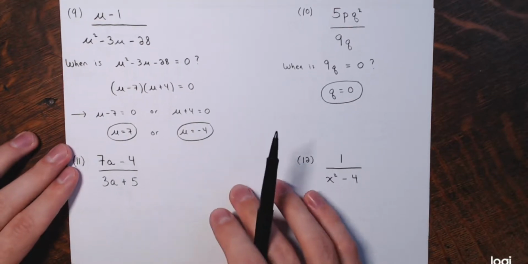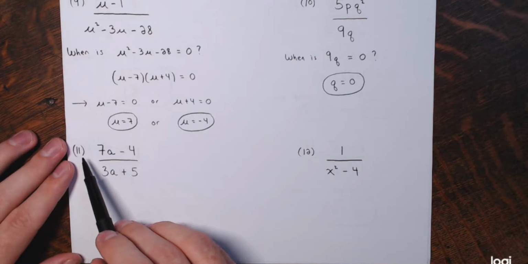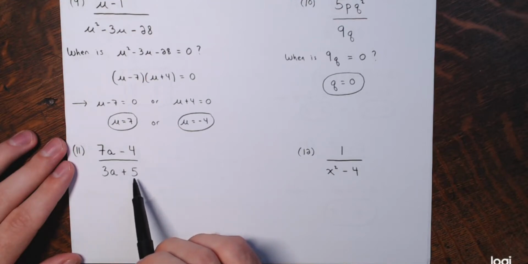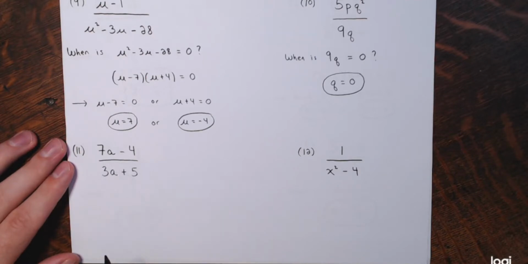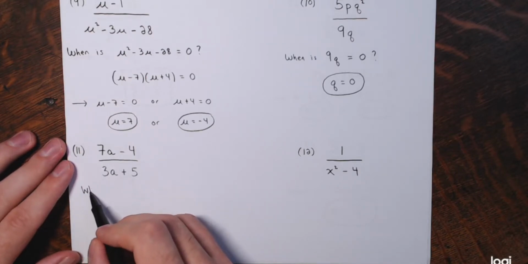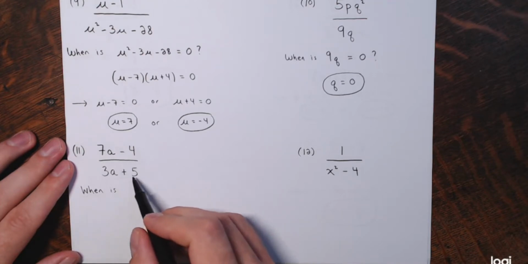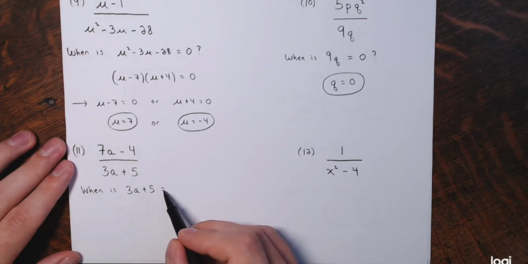Okay, almost done here. Example 11, numerator is 7a minus 4, denominator 3a plus 5. So I'm trying to find values of a for which I will be dividing by 0. Same question every time. When is the denominator 3a plus 5 equal to 0?